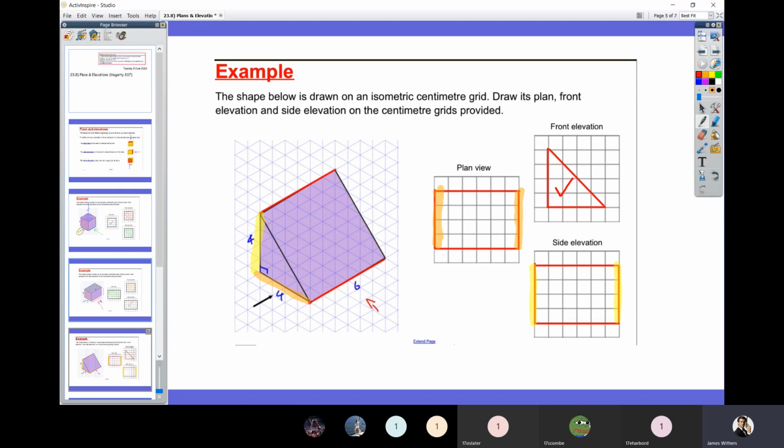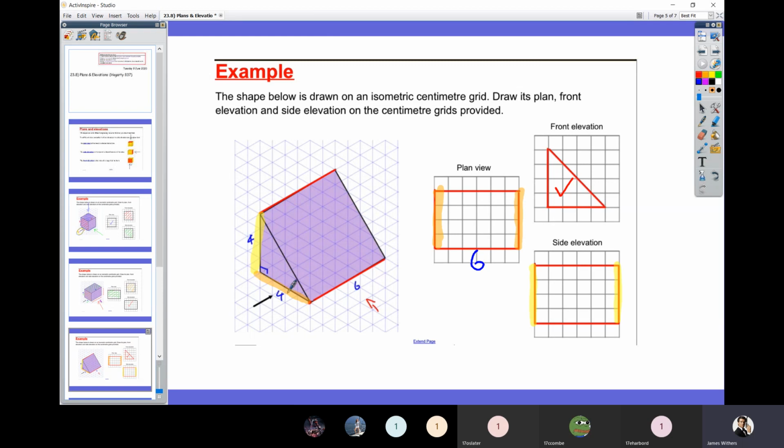Now, when we're flying over this from above, you've got to imagine it being flattened down onto the surface again. So what would we see from above? We would see that it's 6 wide. That's easy enough, there's our 6. But it's really going to get flattened down, so don't get fooled and think you've got to count that length there.